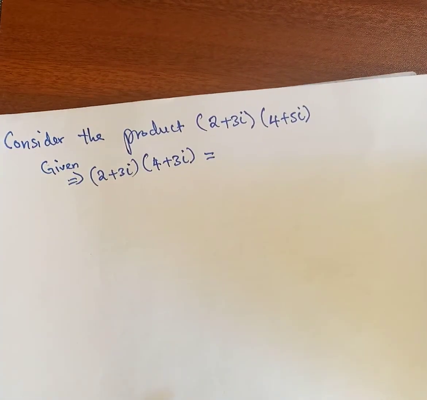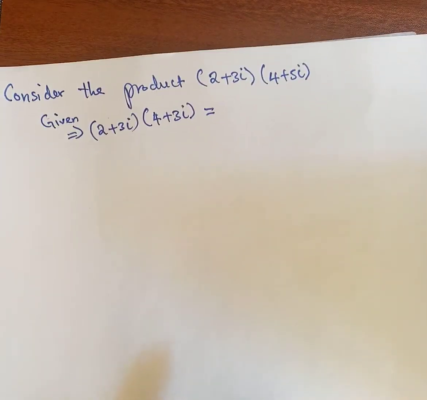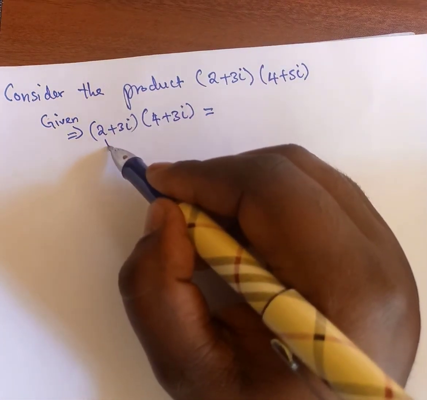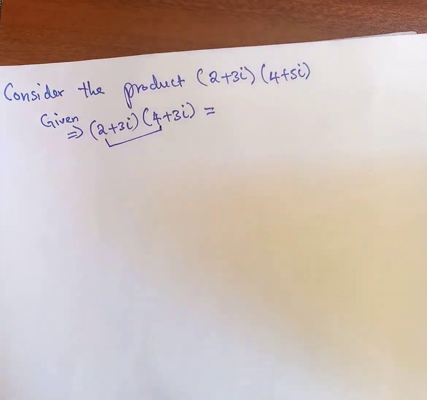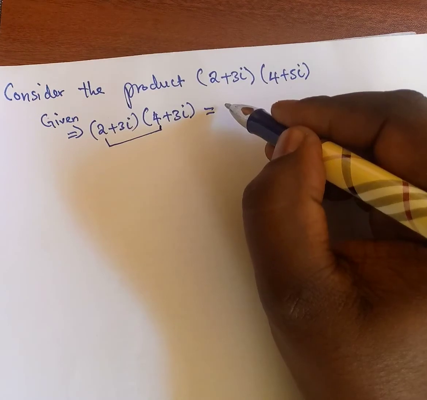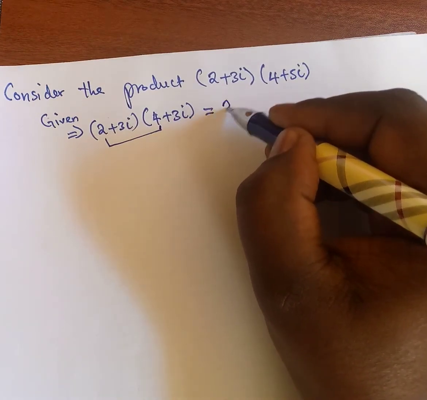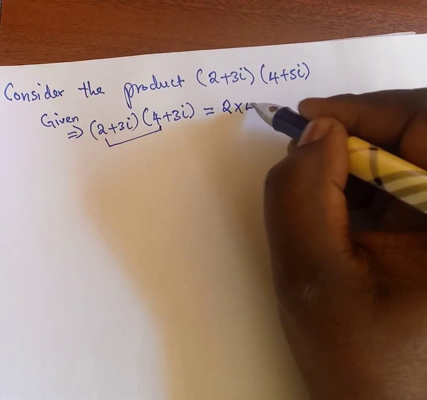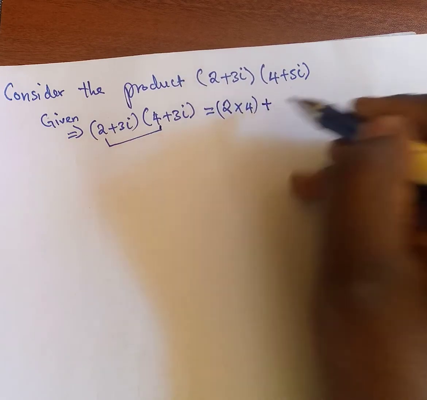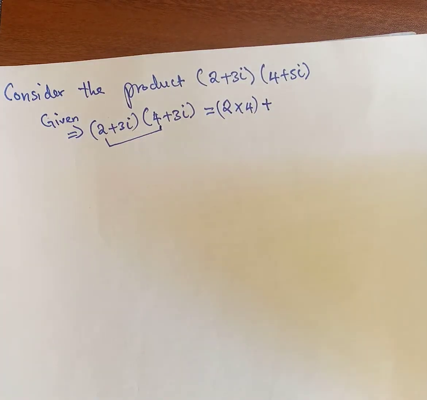That is the question. Well, we follow the FOIL algorithm, where F stands for first term. The first multiplication will be between the first terms, which will be 2 times 4, plus. The second product should be between the outer.